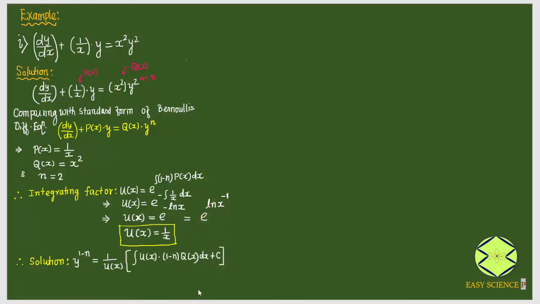So we can substitute the corresponding values. When you substitute, you would get y raised to 1 minus 2 equals 1 divided by 1 by x, which is the integrating factor, integration of again 1 divided by x times 1 minus n, that is 2, times q of x, which is x square, dx plus c.